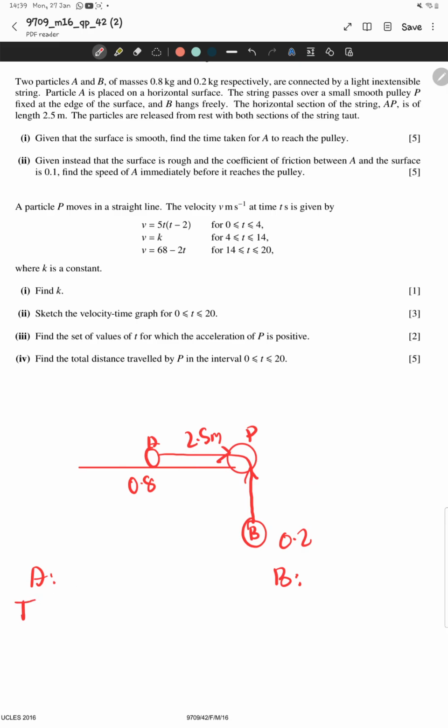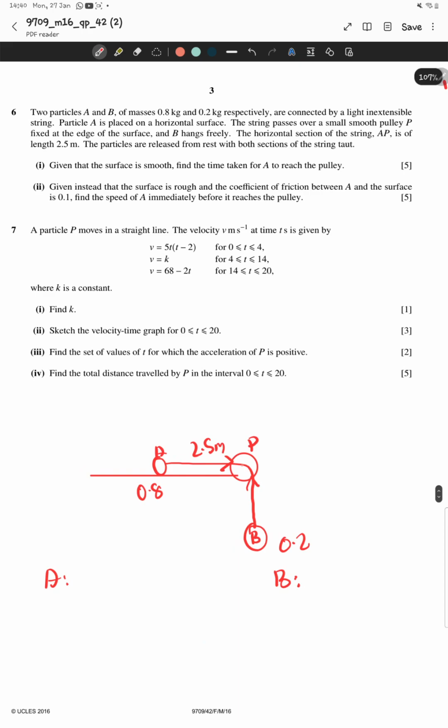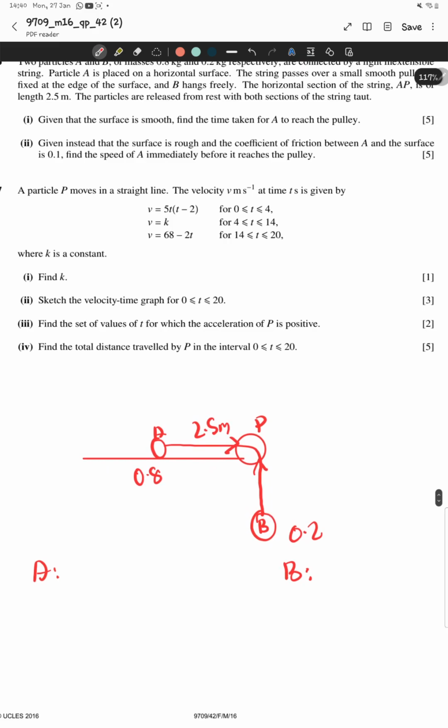Is it going to be able to move it? Yes, it is. You want to make sure. Here it's pretty clear that B is going to move it because there's a force acting downwards and no force here. But if it was like this, and this, you would have to make sure which way it's actually going to go before you do it. But here it's pretty clear.